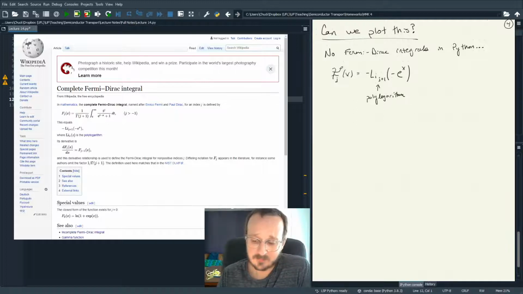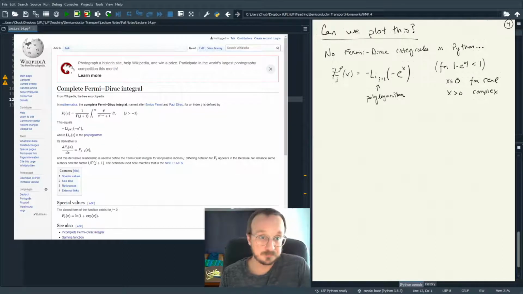Okay? And so for absolute value of negative e to the x less than 1, this is going to be defined for a real number. So x less than 0 is going to be how you get a real solution. And if x is greater than 0, you're going to get a complex solution, okay?